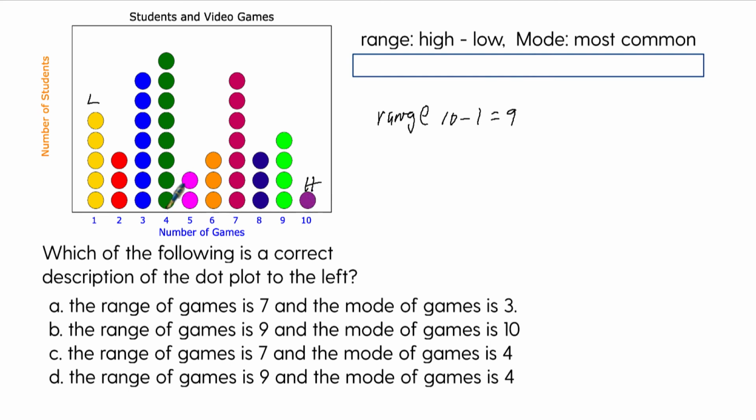So that's 4. We have 1, 2, 3, 4, 5, 6, 7, 8. And so the mode is 4, not 8. Okay? We have 8 people who have 4 games. That's what makes it the mode. So if we want a range of 9, it's either B or D, but then the mode tells us it is in fact D.